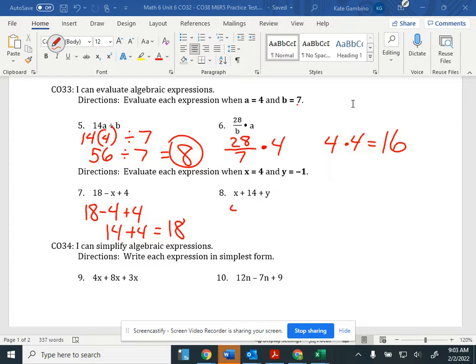For number 8, 4 plus 14 plus a -1. So I have 4 plus 14 is 18 plus a -1. I put the parentheses around it so it doesn't look confusing with the plus sign right next to the negative sign. What is 18 plus -1? Tristan? 17. Yeah.